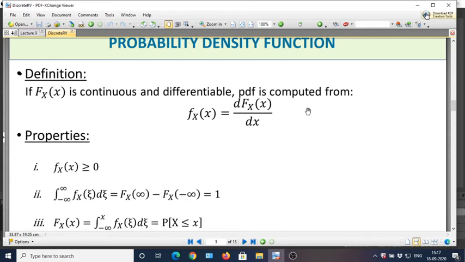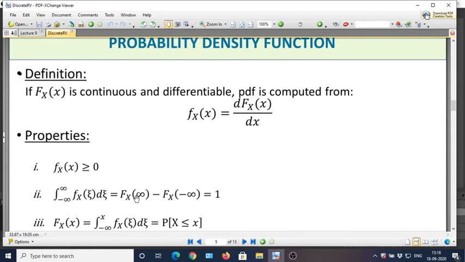So it may increase or it may remain at the same value, but it can never decrease as we go along the x-axis in the positive direction. Which means that when it remains constant, the value of the density function becomes 0. Whenever it increases, it is positive, and it can never be negative.